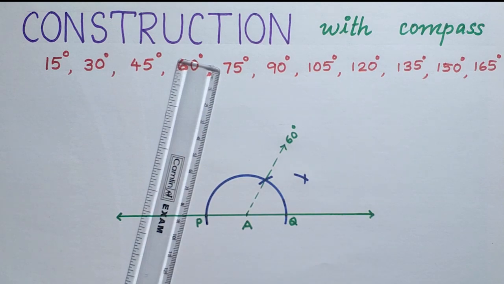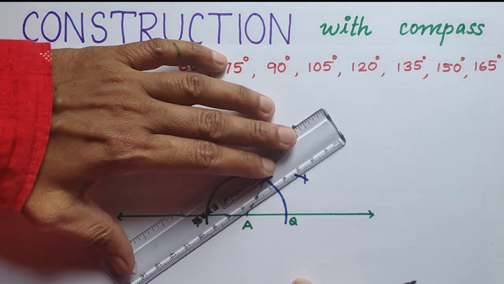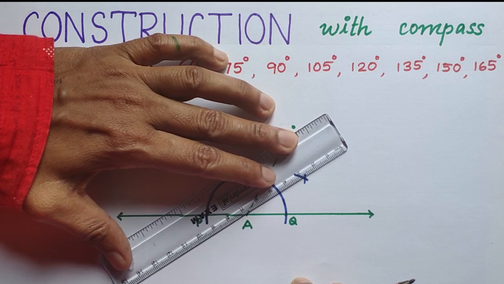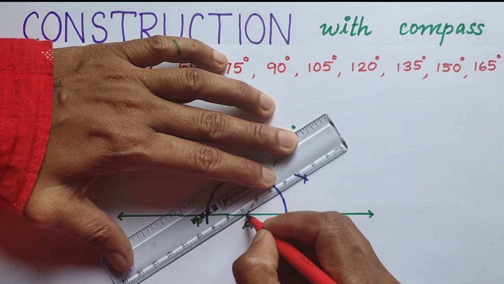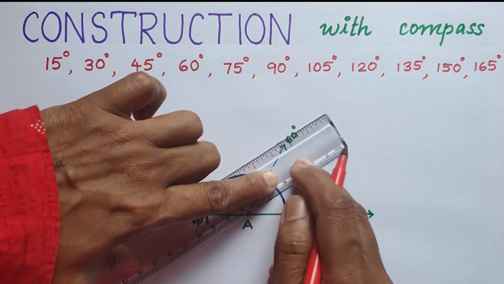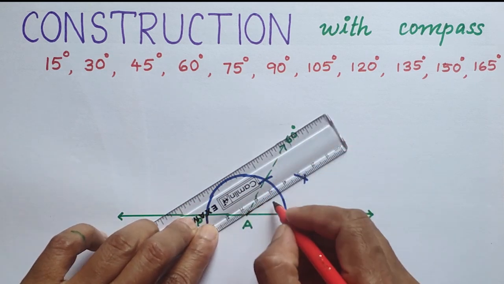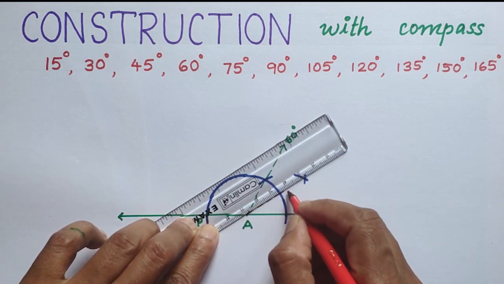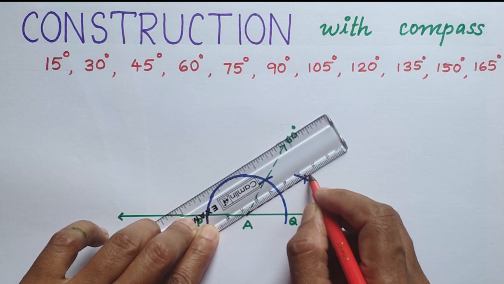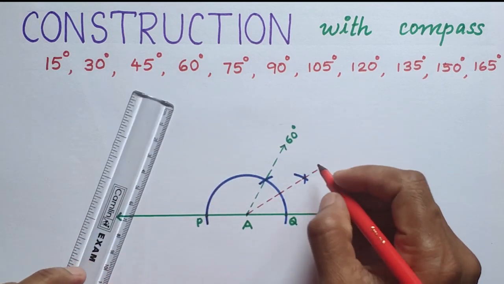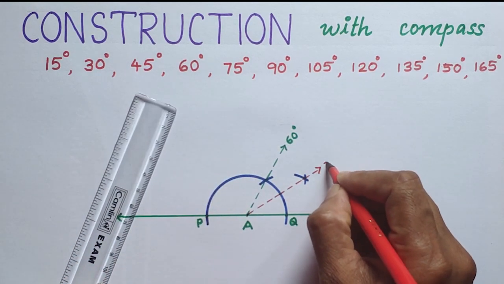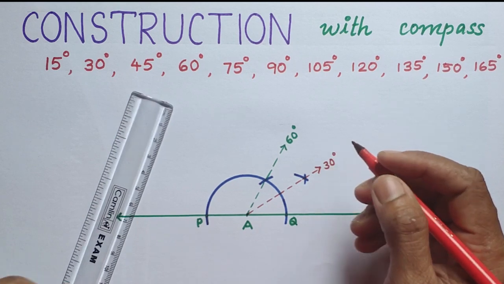Join these two points. We will get 30 degree. This angle measure is 30 degree.